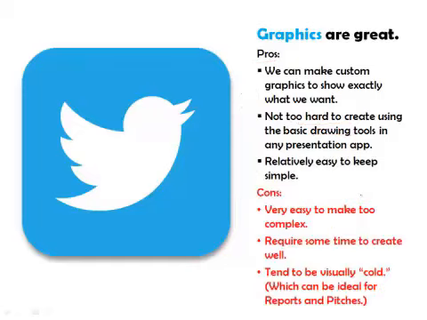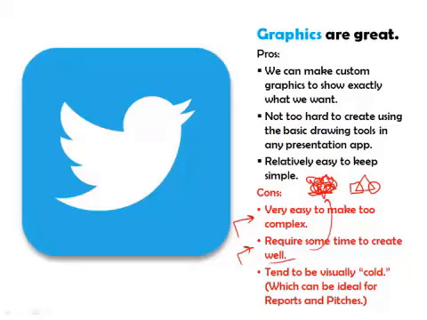Now, what are some of the less than ideal things about graphics? Well, as we talked about, it's very easy to start to make them too complex. The more we work on our particular graphic, the more details we begin to add, and before long, we've got something that is really, really elaborate. That's not always very good. They require some time to create well. In part, it just takes time to learn what not to put into our graphic so that we can keep it very, very simple.